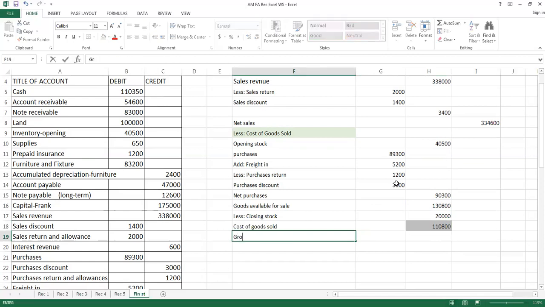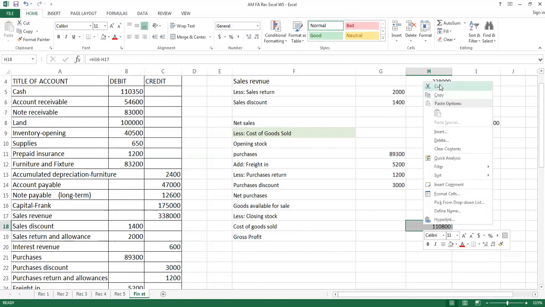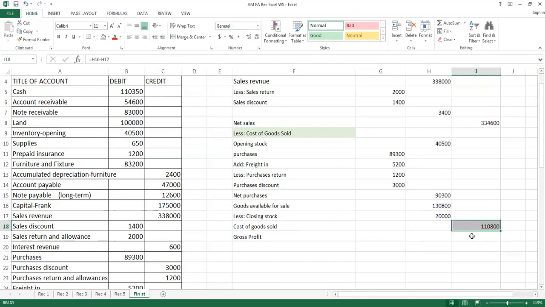Now student, the difference will be taken as gross profit. Remember, in previous lectures we have covered this concept, how we get this cost of goods sold formula and how we calculate gross profit. To calculate gross profit, first we take sales and then we minus cost of sales. Carefully check this step.